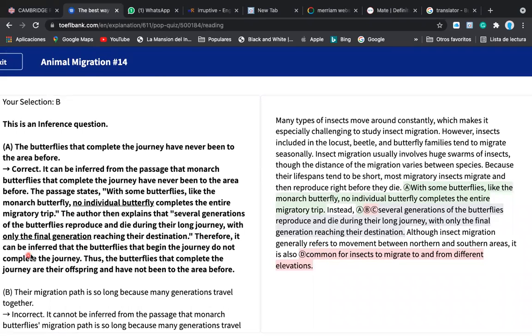Therefore, it can be inferred that the butterflies that begin the journey do not complete the journey. Yes, I understood that. Thus, the butterflies that complete the journey are their offspring and have not been to the area before. Okay, I didn't see this. Thus, por lo tanto, the butterflies that complete the journey are their offspring and have not been to the area before.